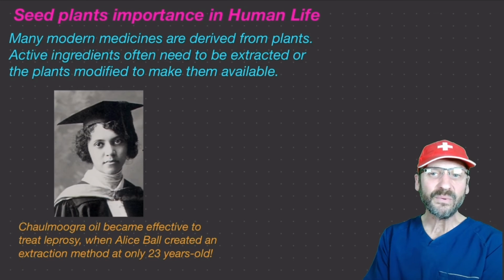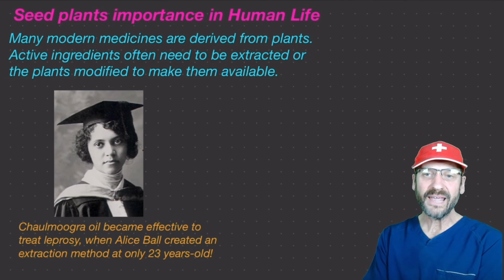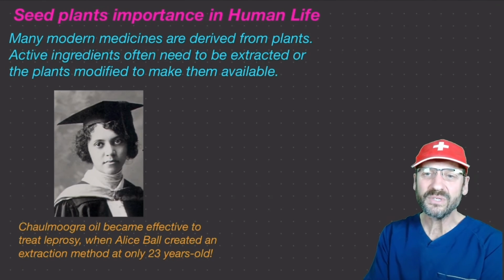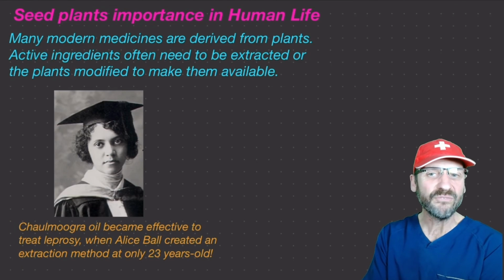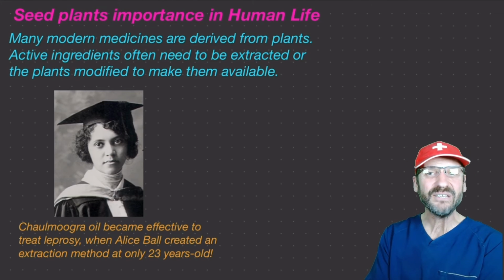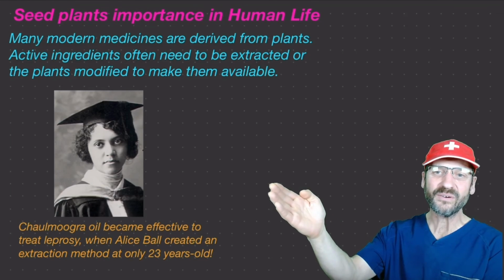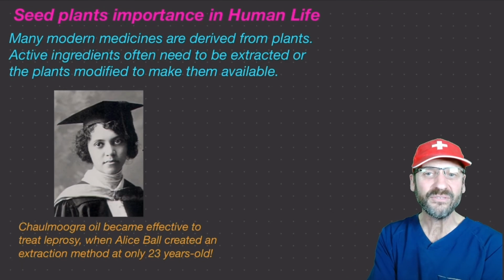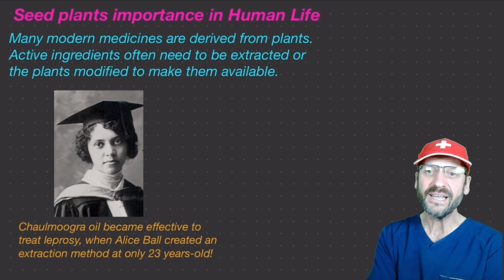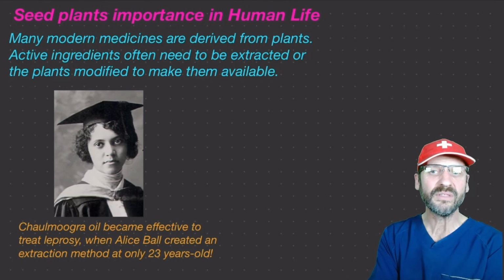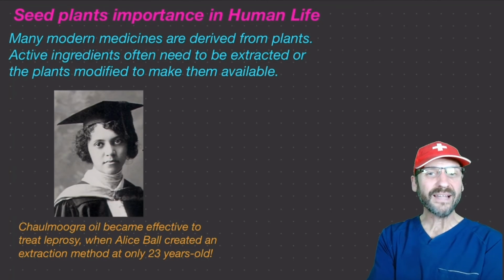A good example is the chaulmoogra oil. It was somewhat effective for treating leprosy, but difficult to apply and painful for patients. In 1915, only 23-year-old Alice Ball created a method of extraction that created a much more effective treatment without the negative side effects. So, that is it for the diversity of our plants.